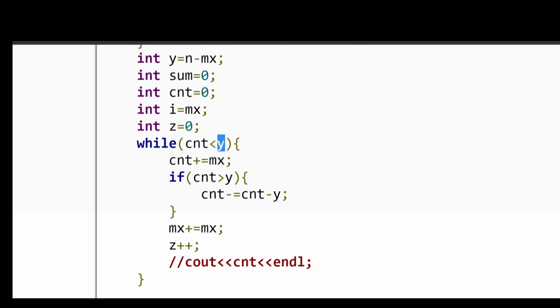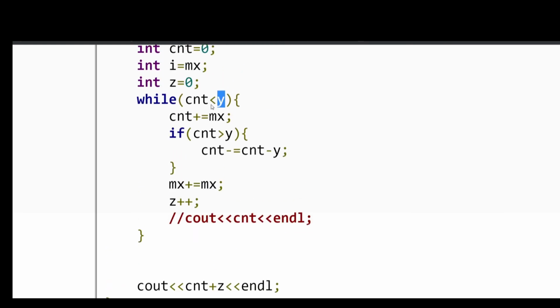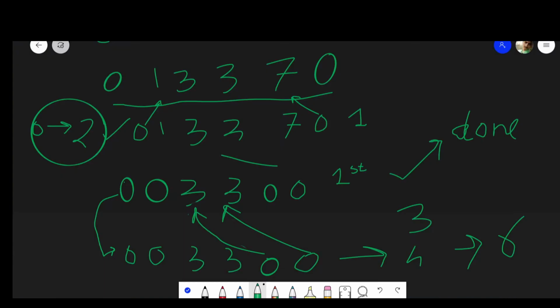So y is the number of elements that are not equal, so we need to make them equal. So while this condition is true, this while loop will run, and every time we are increasing count by max.